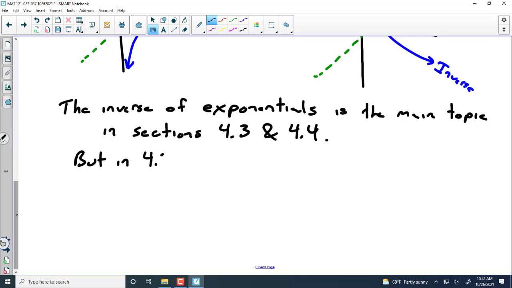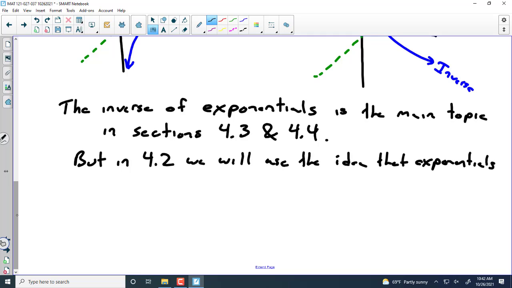But in 4.2, we will use the idea that exponentials are one-to-one. So we're not going to talk about the inverse of exponentials today in this class, we're going to talk about that in sections 4.3 and 4.4. But in 4.2, which we still need to finish up here today, we do need the idea that these are one-to-one functions. And I'll show you why.